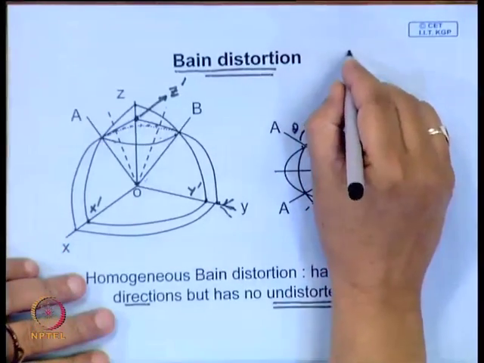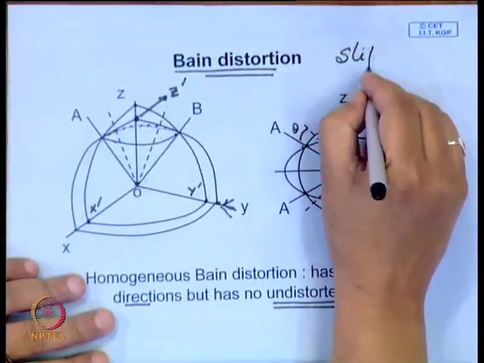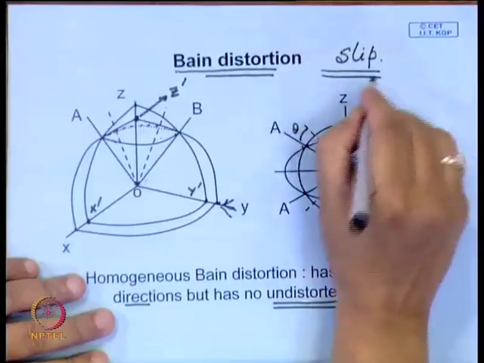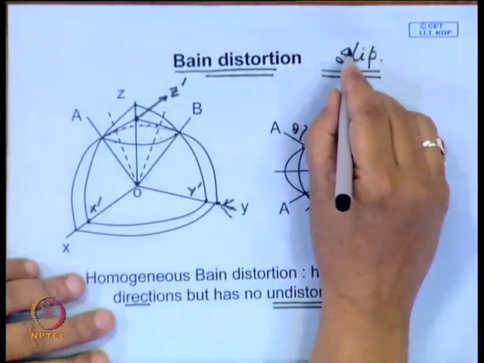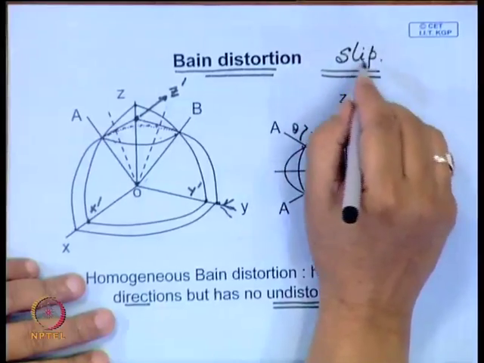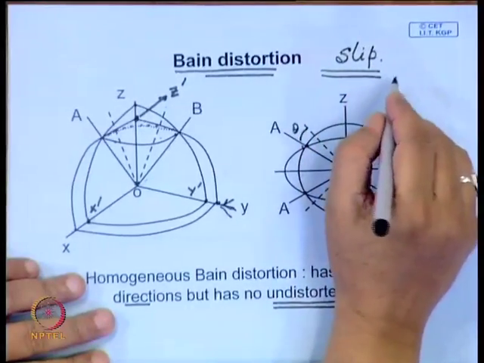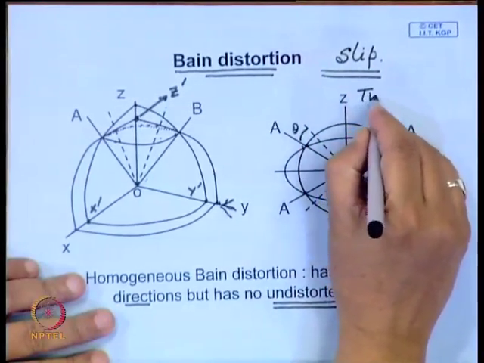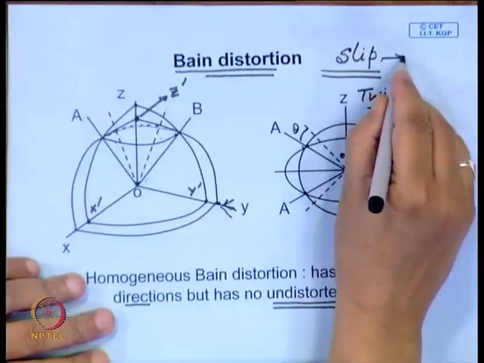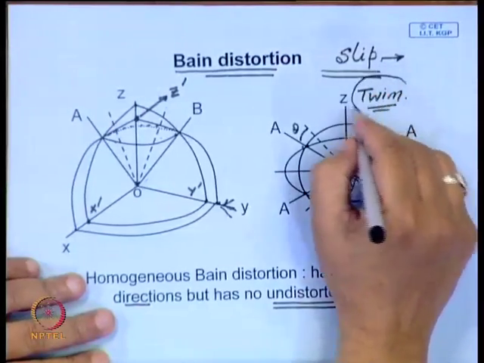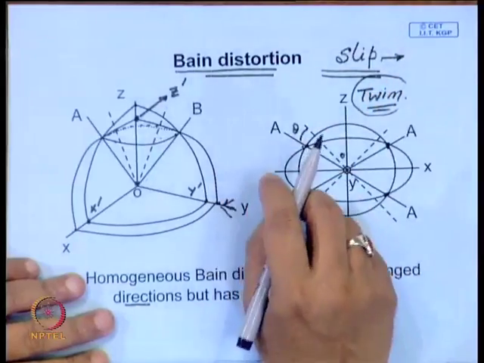One is slip, and we have seen earlier slip is a simple shear process, which is actually made up of, there is some amount of rotation involved. Another is twin. Now, slip can take place through dislocation glide, whereas twinning, some kind of a lattice rotation.